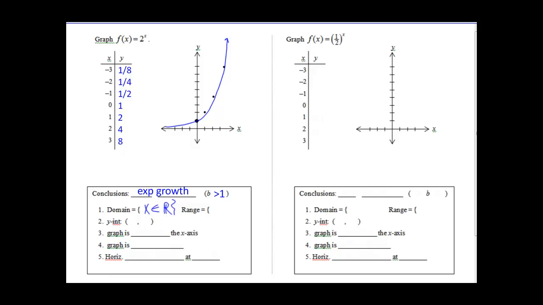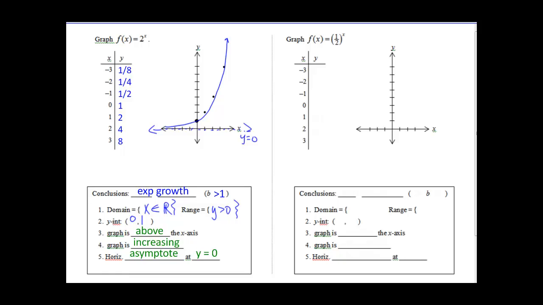No. So we know that y has to be greater than 0 for the range. Our y-intercept we already have is 0, 1. So based on the graph, we know that the graph is above the x-axis. We know the graph is an increasing graph, and it does have that horizontal asymptote at y equals 0, which is this dotted line in blue at y equals 0.